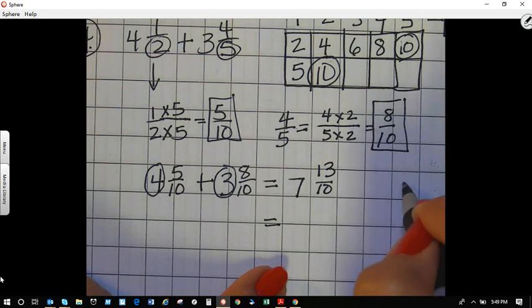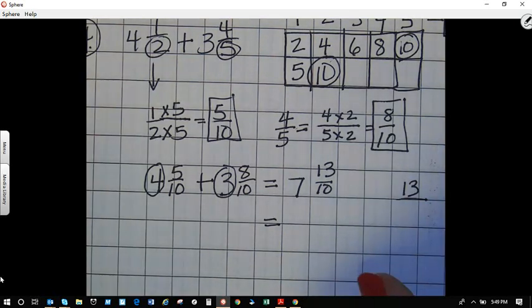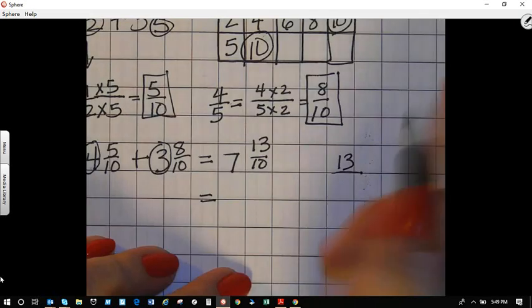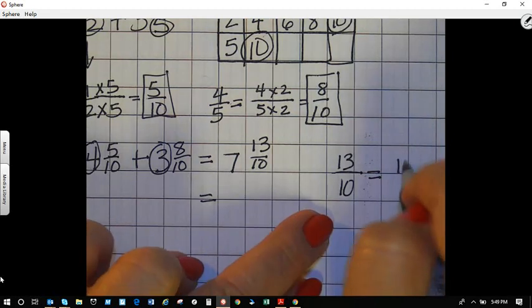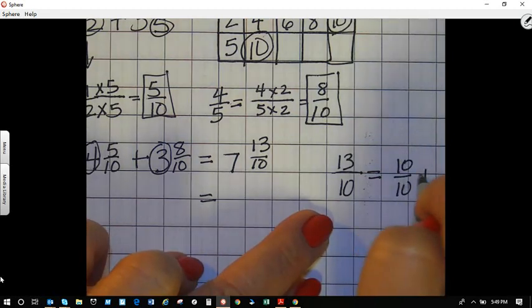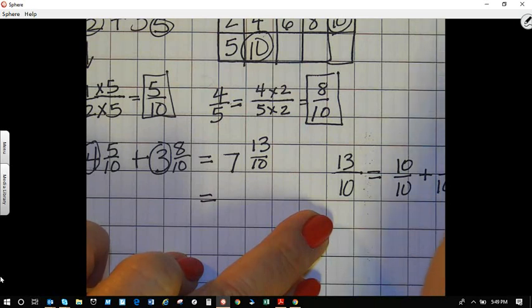I have 13/10, which is greater than a whole, right? Because one whole is 10 over 10. So 13/10, and I'm going to do it again. I know that there's 10 over 10 plus what over 10 is going to be equal to 13/10. Well, 10, I'm sorry.